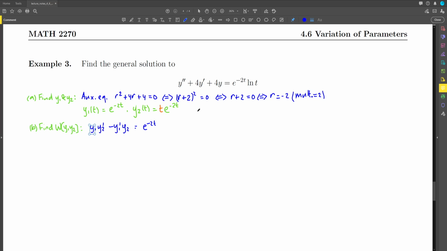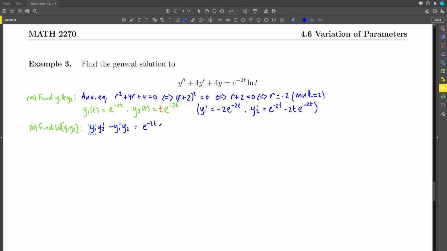We see that y1' is equal to -2e^(-2t), and for y2' we have to use a product rule, and so that's 1 times e^(-2t), and then minus 2t e^(-2t).